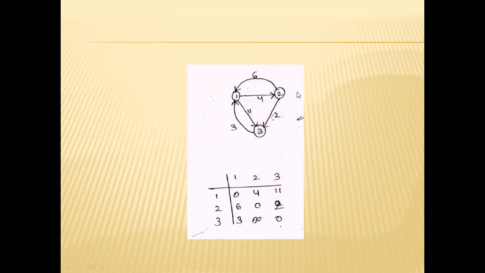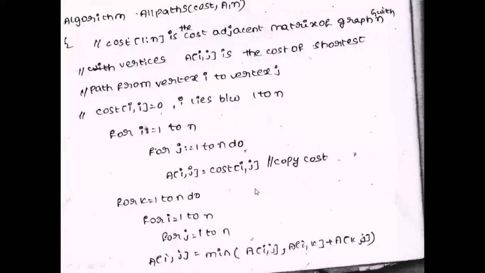If the edge is not present in the graph, it is represented by infinity. The diagonal entries 1 to 1, 2 to 2, 3 to 3 are 0.